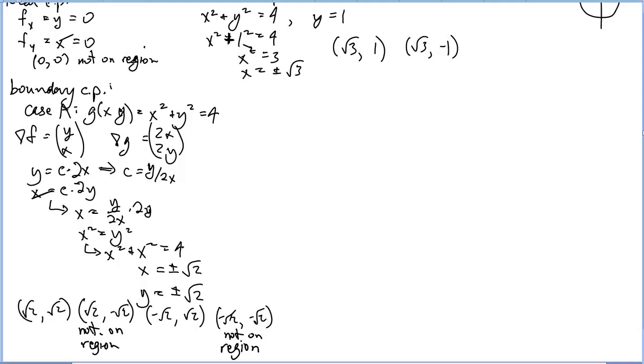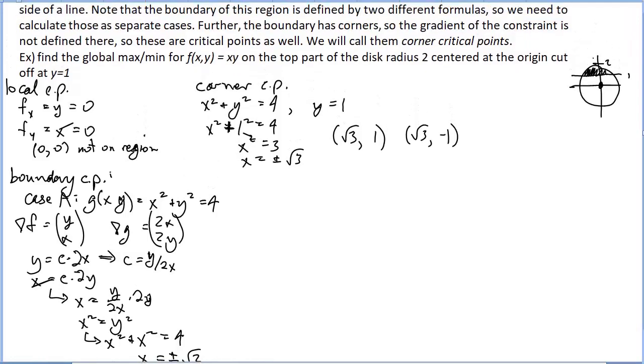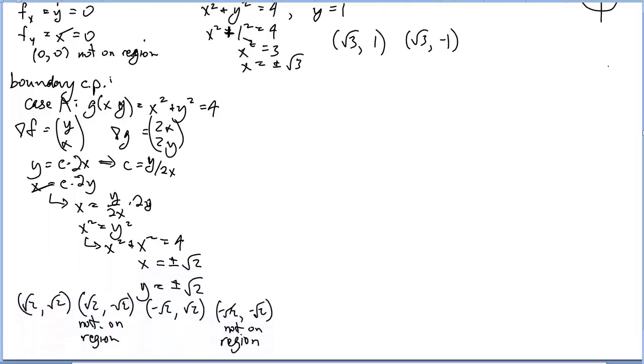The other ones with positive x and positive y, and then negative x but positive y, those are on the region. Those wind up being here and here, kind of like little Mickey Mouse ears. So those points we do want.